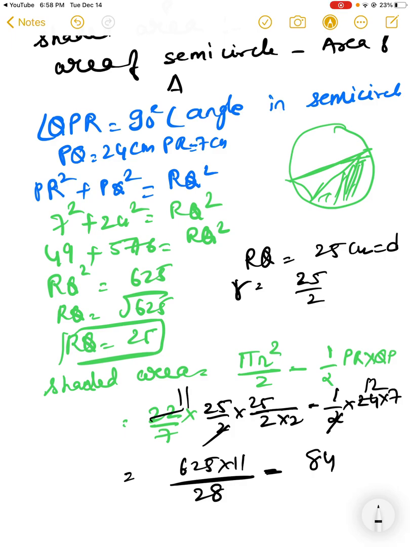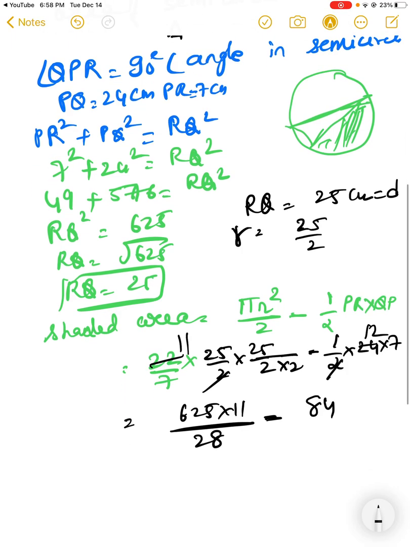Now if we take here, we will be getting this 28. 2 2s are 4, 4 7s are 28. So after taking LCM, we will be getting 28. Let us first do 625 into 11 is equal to 6875.